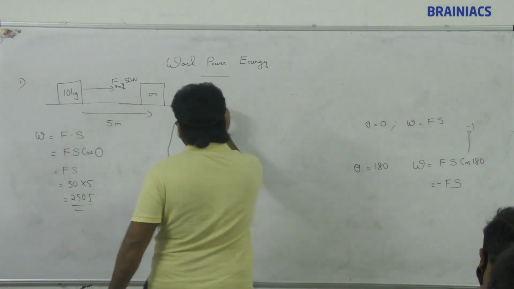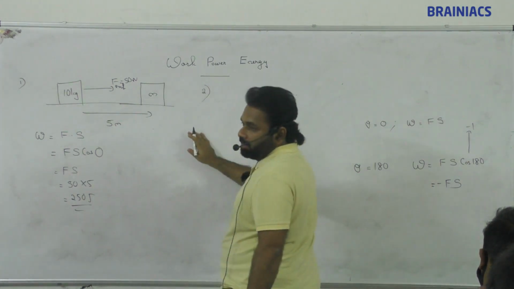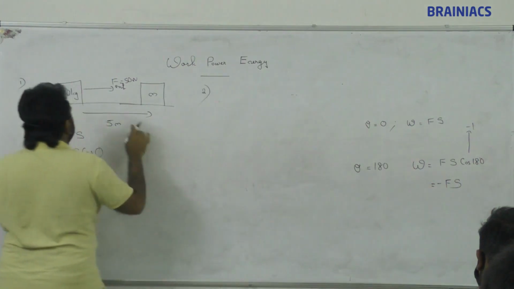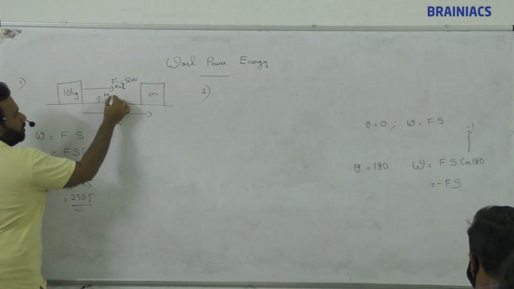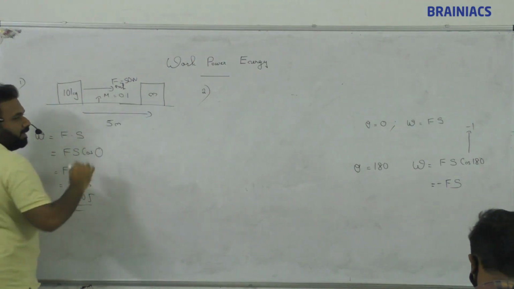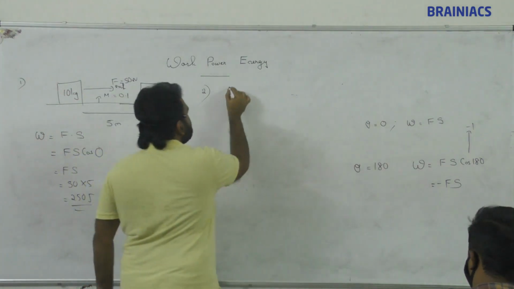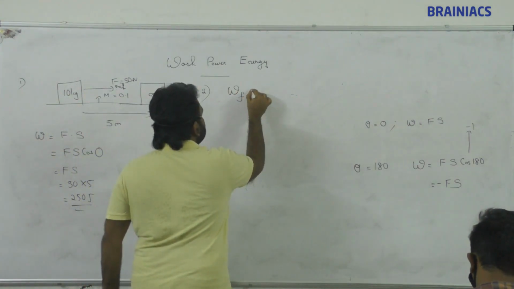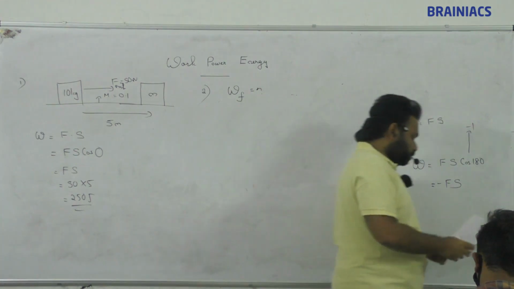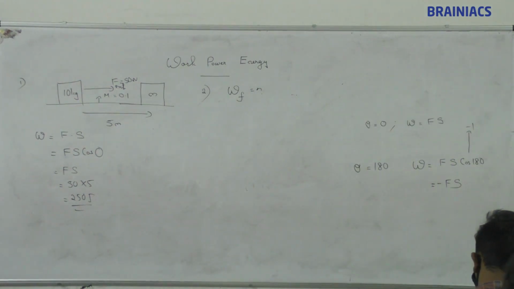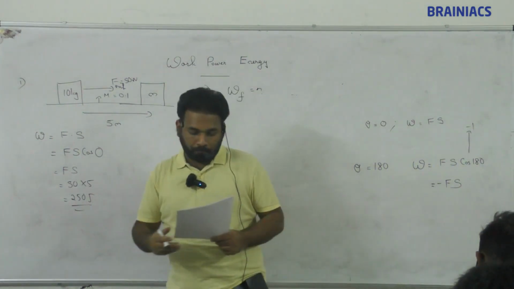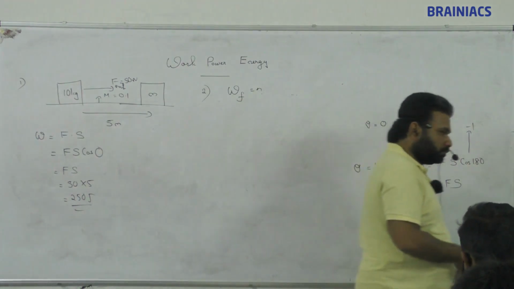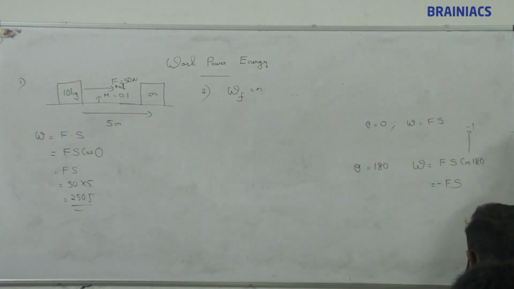Suppose same question, same situation. Here mu is equal to 0.1 is given. Then what is the work done by frictional force? 50?